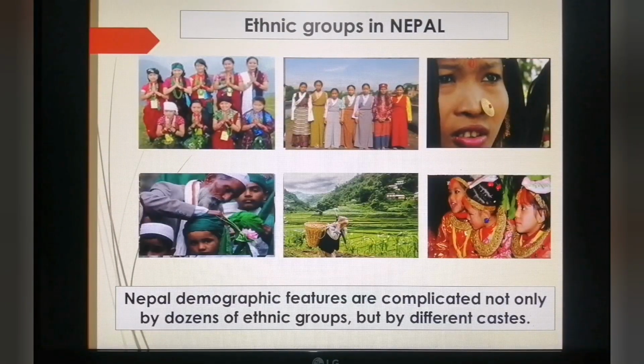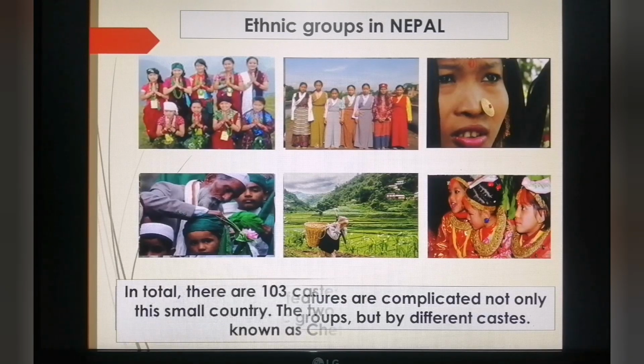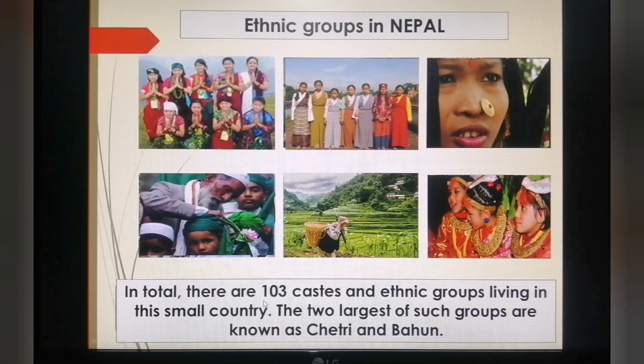Look over these pictures. In total, there are 103 castes and ethnic groups living in this small country. I am repeating the information. There are 103 castes and ethnic groups living in this small country. The two largest of such groups are known as Chetri and Bahun.